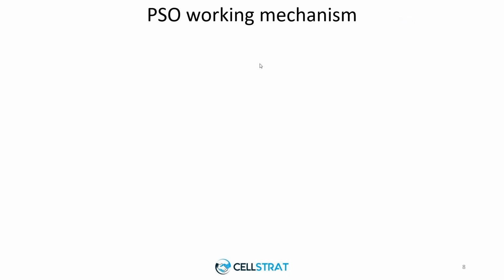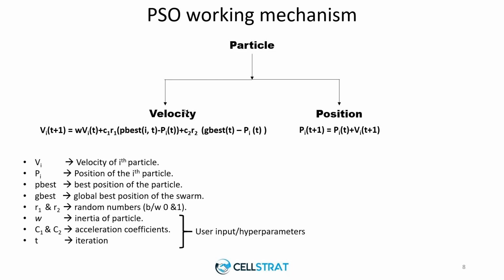Okay, fine. Moving forward, as I was saying in the analogy of exploring the landscape, you along with your friends would be known as particles, and each of you will have the properties of velocity and position. Position is nothing but your current location, and velocity is what you will use to communicate with your fellow mates to direct them in which direction you need to move.